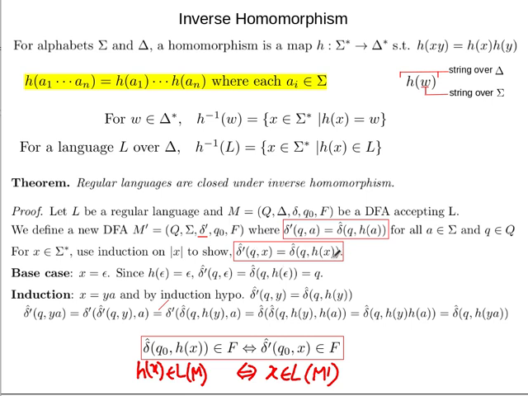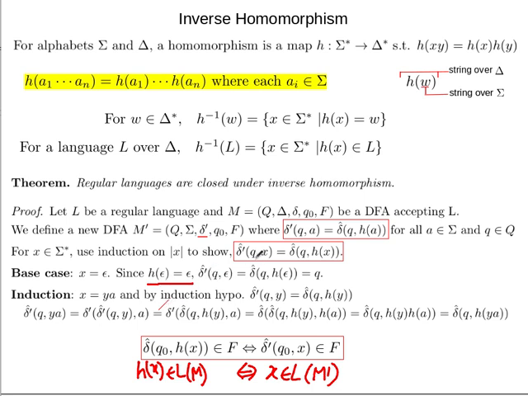Now, how do we prove this? The proof is again just one line. It's induction on the length of x. Base case is this length is 0, so that means x is epsilon. And then by the definition of this homomorphism, in fact, by this substitution, we saw that this should be epsilon.